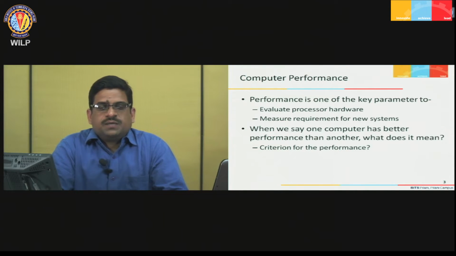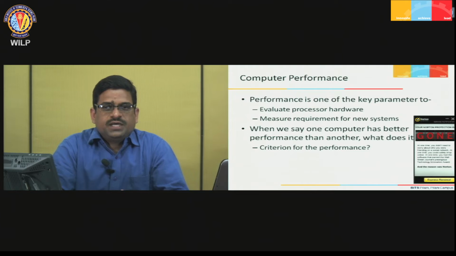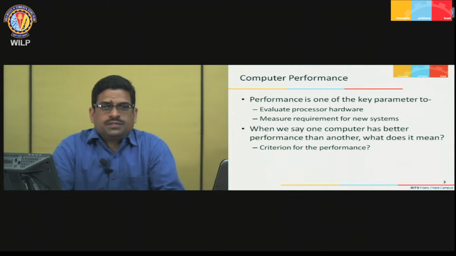The very simple thing that comes first to our mind is that the speed of the computer is the major performance criterion. Let us say one processor speed is 2.0 gigahertz and another processor speed is 2.4 gigahertz. So, I say that the 2.4 gigahertz processor is faster than the 2 gigahertz one. That is a very initial perception about measuring the performance of the computer.